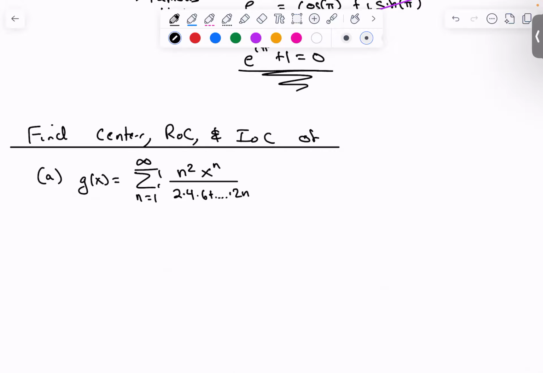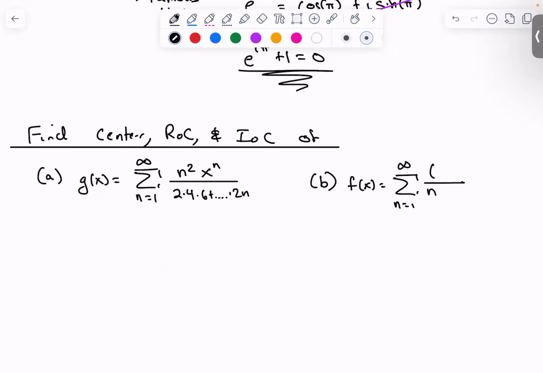And then B, so a letter F, H, or K. F, okay. F of x is equal to the sum from n equals 1 to infinity of x to the n over n. Well, let's change it up.